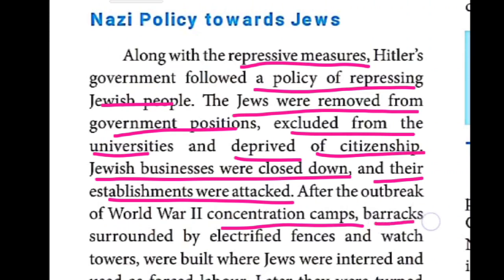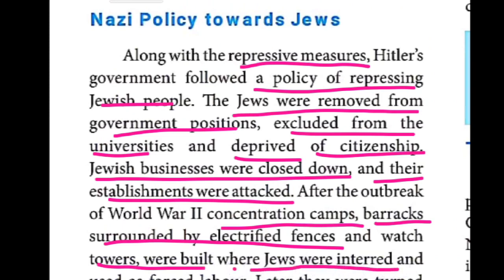Barracks, in the sense of military, surrounded by electrified fences. Fences, everybody knows, is it? In order to protect a garden, we make fences. So the electrified fences and watchtowers were built where Jews were interred.